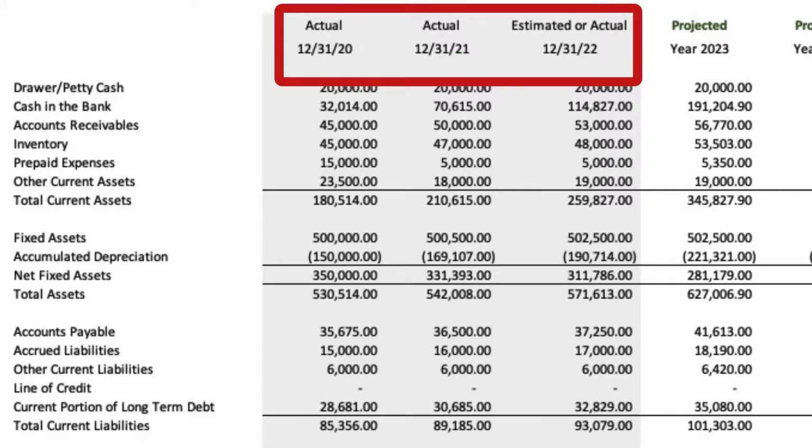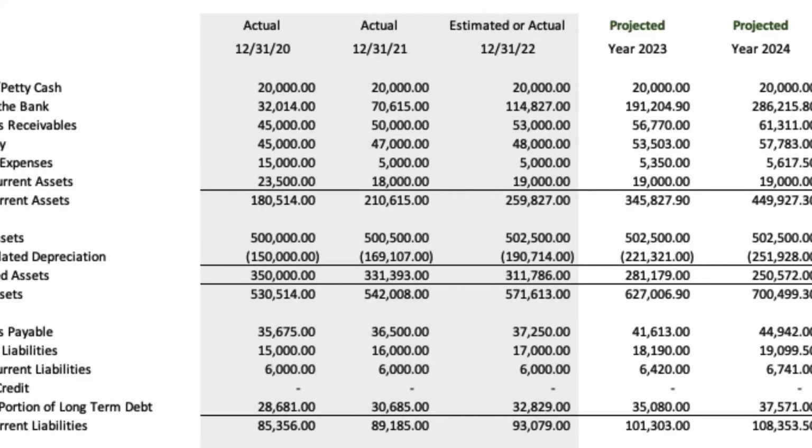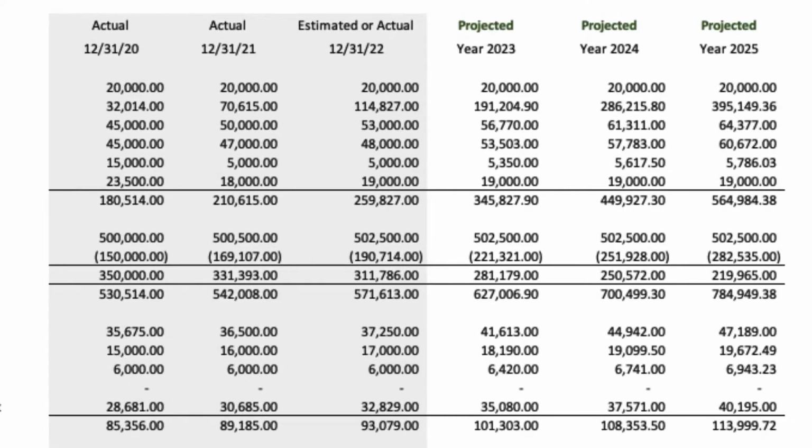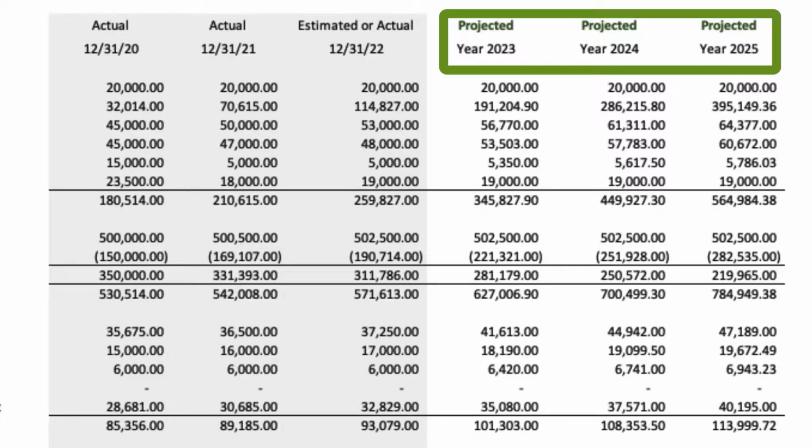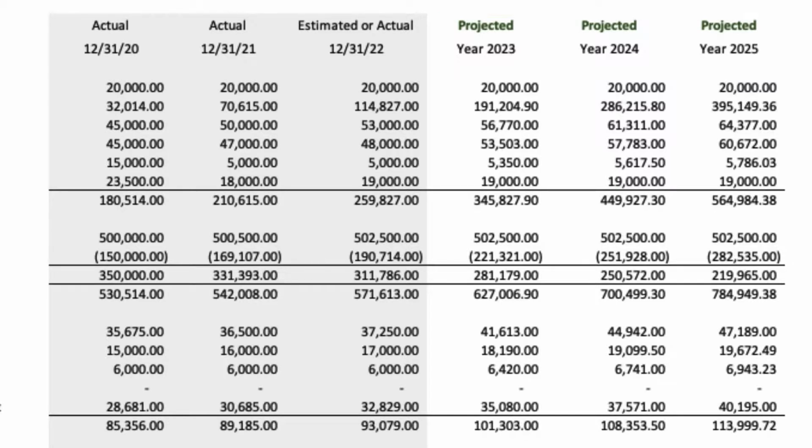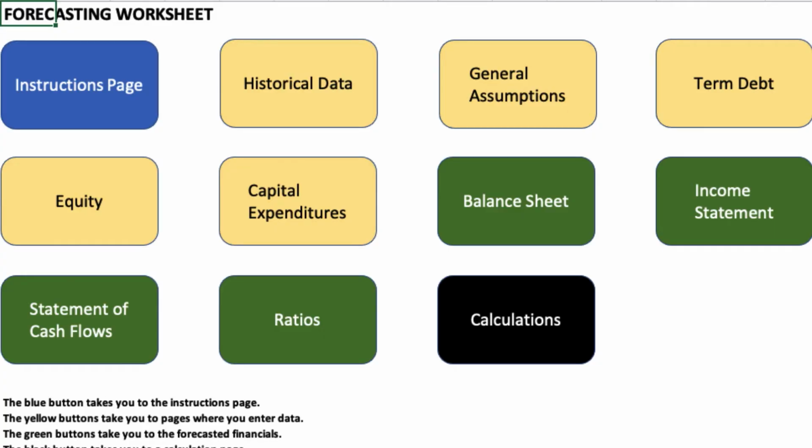You can see that we have 3 years of actual data, and then we have 3 years of projected data. We're assuming that the projection years are for 2023, 24, and 25. So let's go back to the first page. Now let's take a look at the income statement.